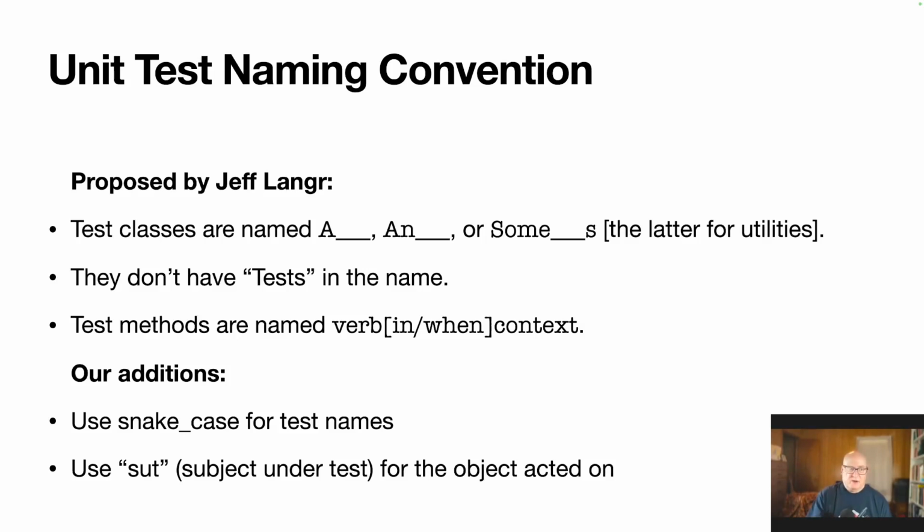Our additions are we're going to use snake case, and we've adopted SUT for subject under test or system under test or other variations to represent the object acted on. So if it's arrange, act, assert, sut dot something will cause the action almost always.